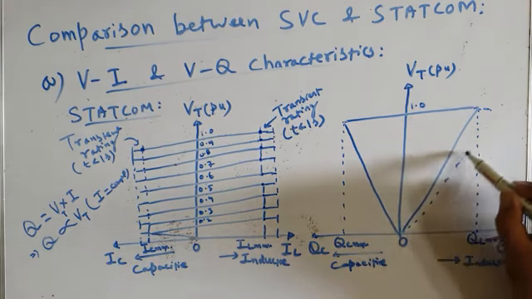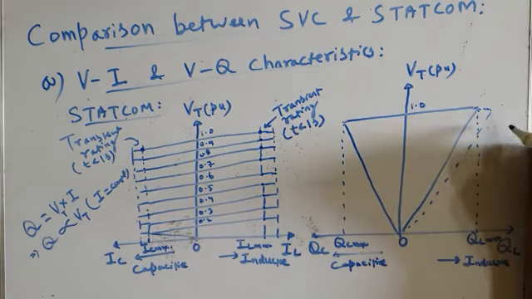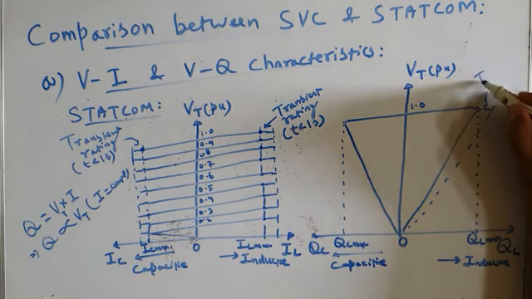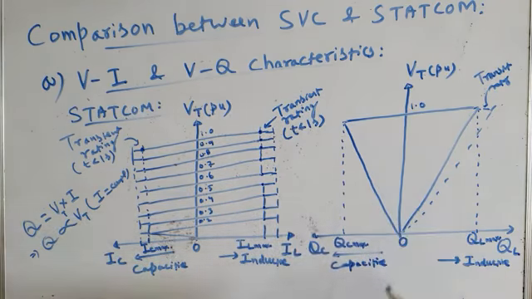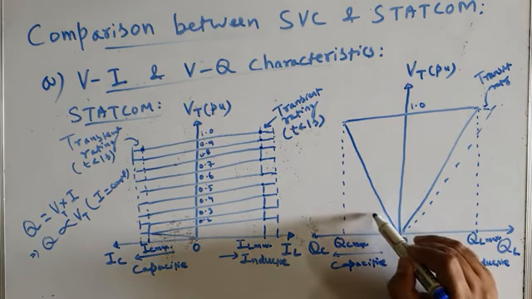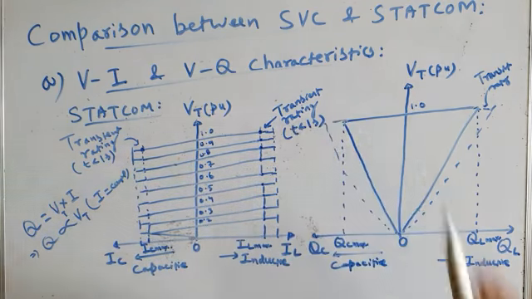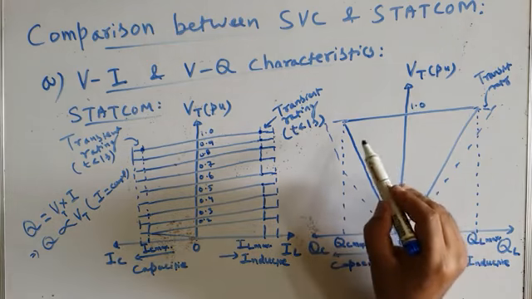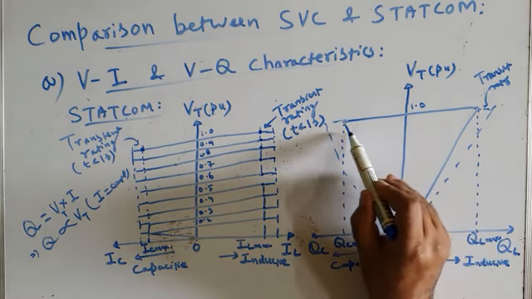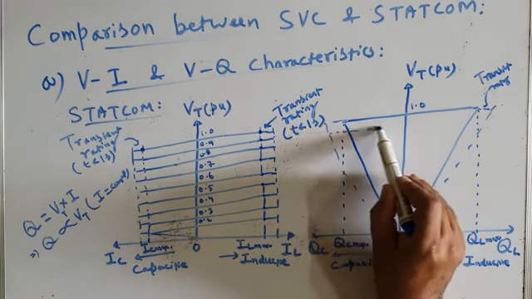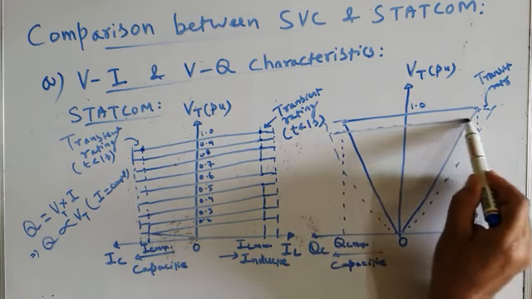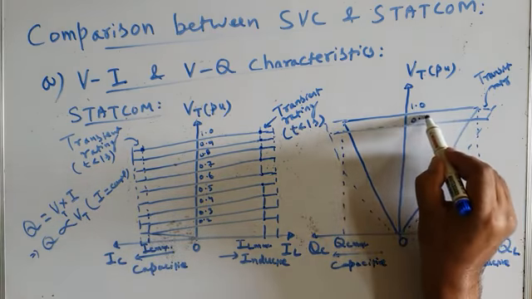And this is the transient rating. Again, this is the transient rating, and here also you can consider this as the transient rating. Fine. Now this is 1 per unit. This is 0.9 per unit.